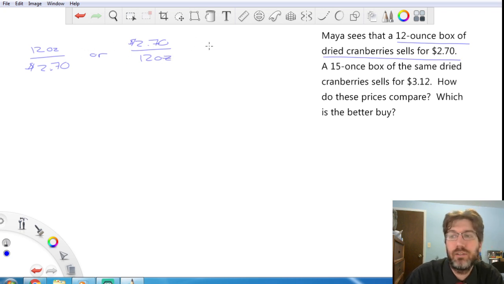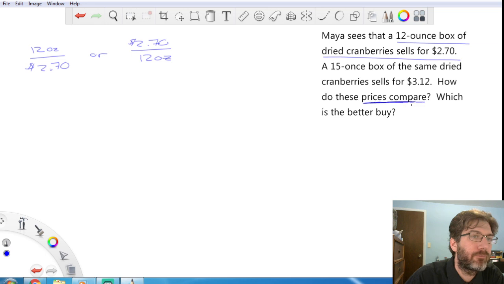Now, which one is more important or appropriate for this problem? We want to know how prices compare. So down here it says prices compare. So we want to compare our prices. In that case, you want your prices to be on top and you want your ounces to be on the bottom.